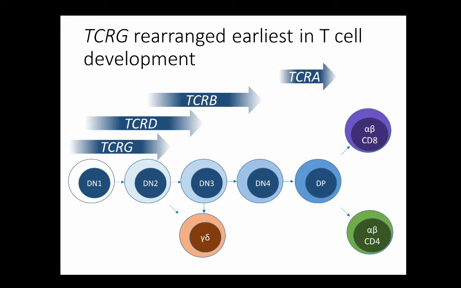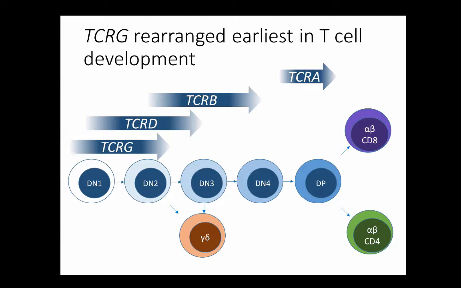Additionally, we can try to harvest some additional information from copy number at these TCR loci by looking at what particular loci have biallelic or other deletions. So in the course of T cell development, we have different chains being rearranged more or less at different stages in development. The earliest being TCR gamma, followed by TCR delta.